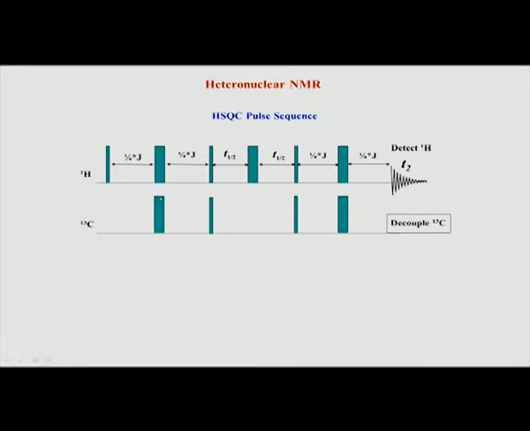In the last class we looked at two different types of pulses: inversion and refocusing. Inversion is taking magnetization from z to minus z, whereas a refocusing pulse takes the magnetization from x to minus x or y to minus y. This is the definition of a refocusing pulse.